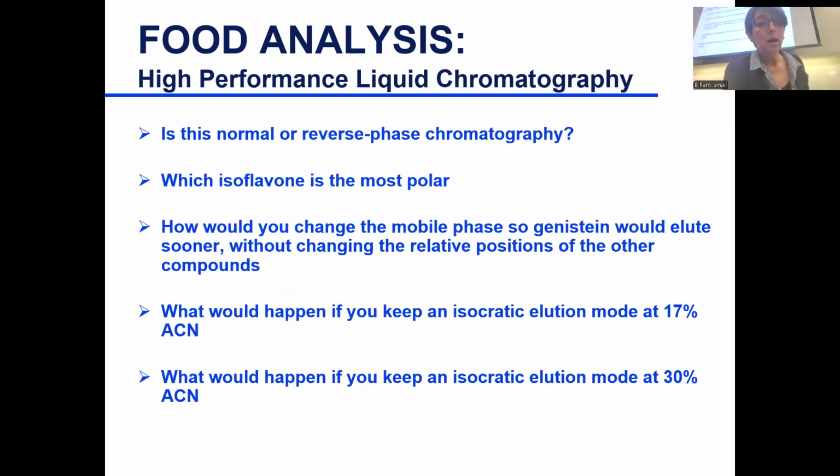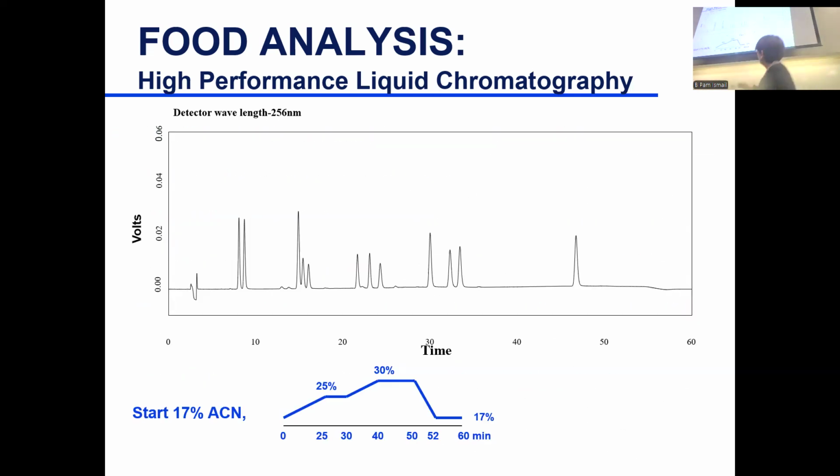Very good. What would happen if you keep an isocratic elution mode at 17% acetonitrile? If you keep it at 17, isocratic from beginning to end. What do you think is going to happen? Well, longer elution time and broadening of the peaks as well.